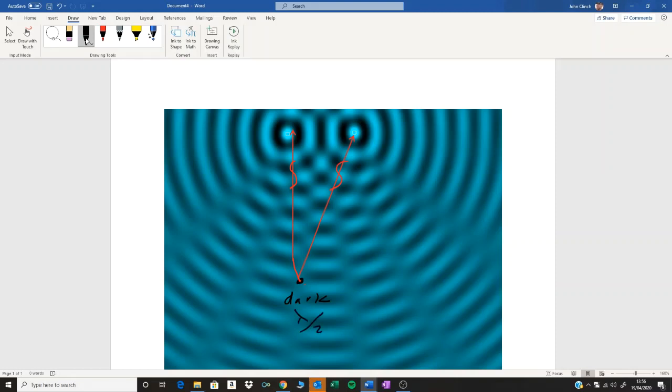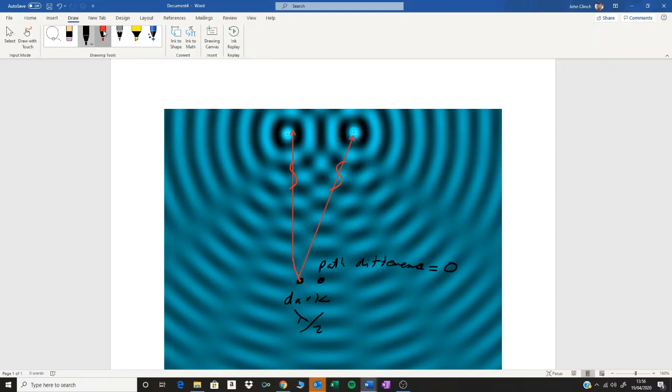That arrow there is half a wavelength longer than that arrow there, leading to destructive interference. Whereas here, the path difference was equal to 0 because both sets of waves had travelled the same distance.